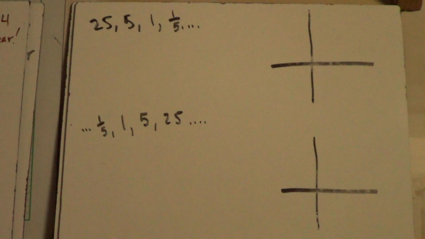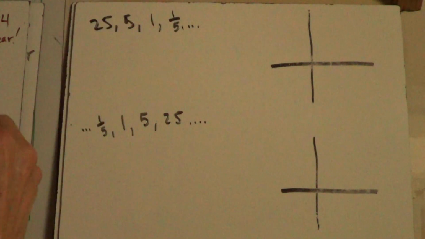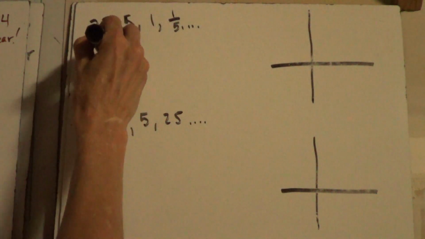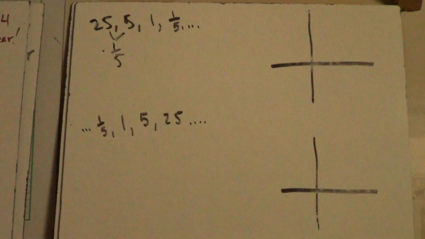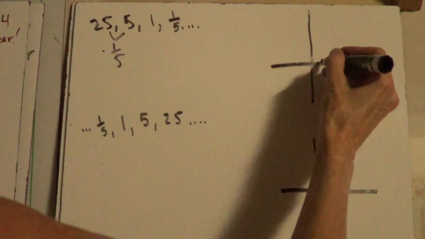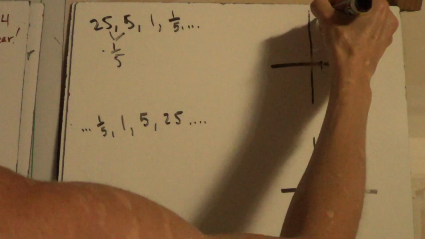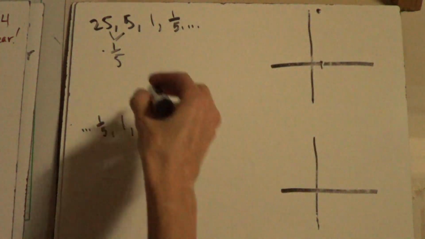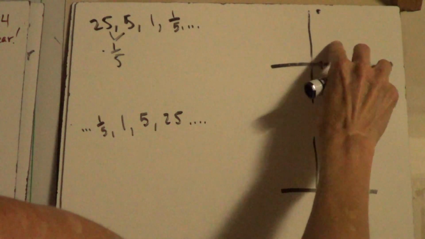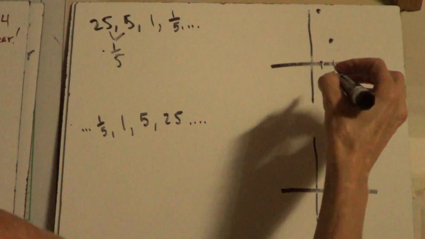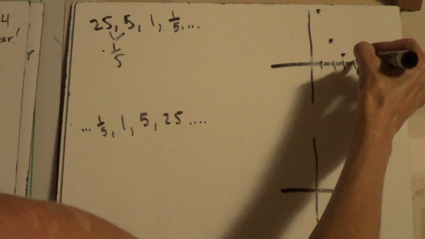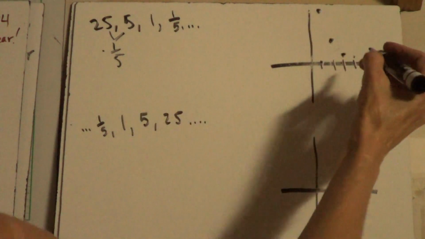For the sequences, we could just go ahead and graph this, and you can see here that we're multiplying by 1/5. If we count this as our first one, then at 1 we're at 25, at 2 we're at 5, at 3 we're at 1, at 4 we're at 1/5, and you notice the dots extending it on.